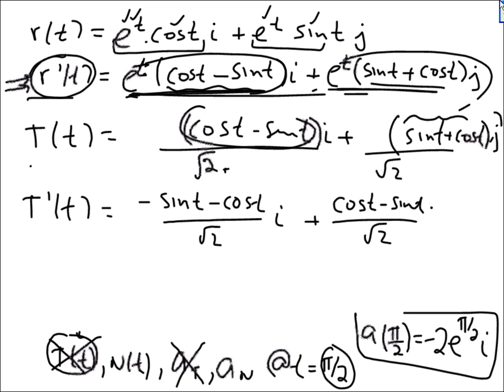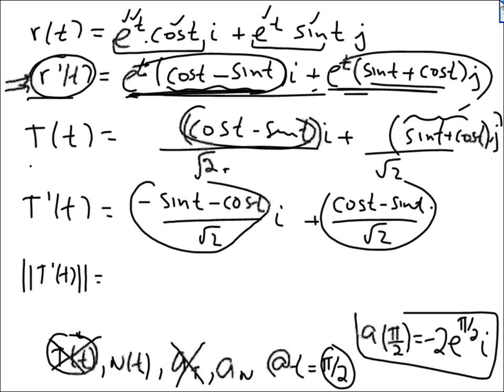What I want to find out is the magnitude of that, the length of T prime of t as a function of t. So I square the i component, I square the j component, and I add them up. When you square the first one, the i component, I'm going to use shorthand notation: S for sine t and C for cosine t.